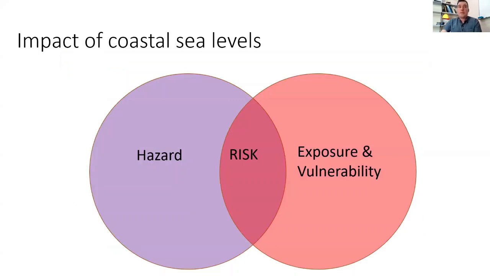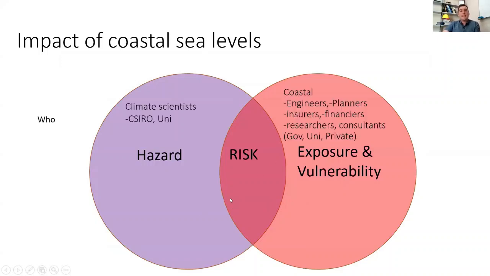Our work within that is to look at the impacts of coastal sea level. This is a Venn diagram that people have probably seen before with hazard, risk, exposure and vulnerability. Often exposure and vulnerability are separated into a separate circle, but I've included them here together today to separate who's working on what.